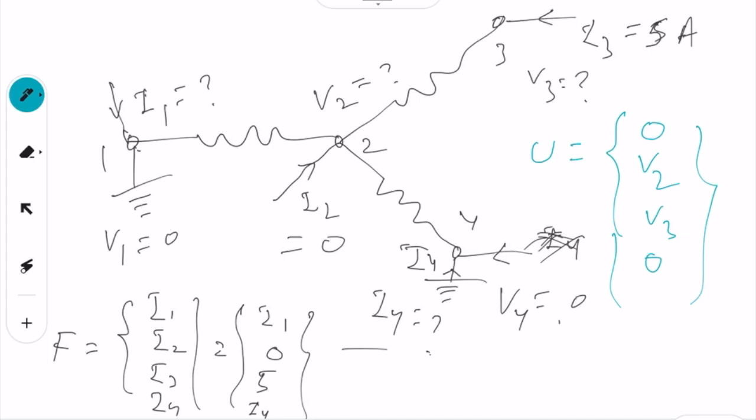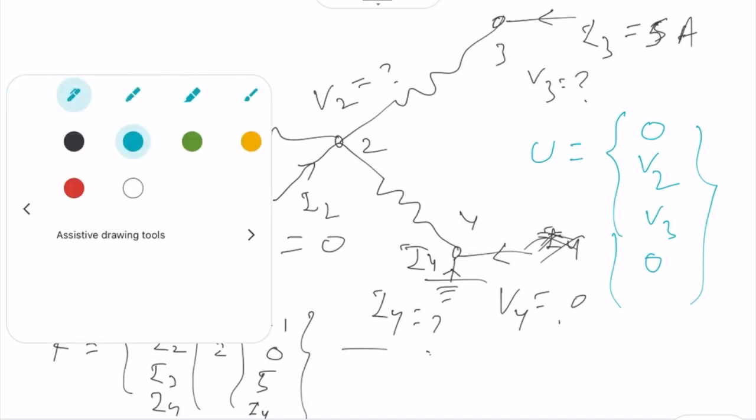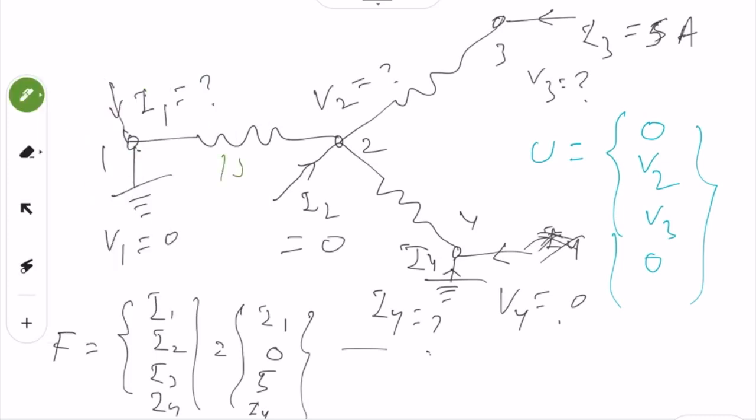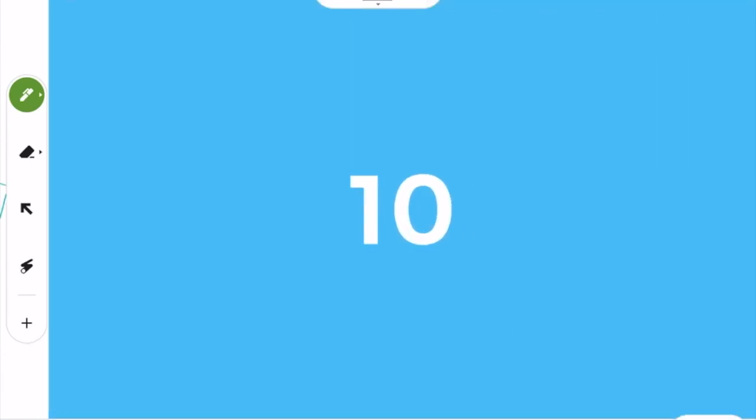Now we have to find the stiffness matrix for this, and for that let's assume we have a resistance of 1 ohm, then 2 ohm, and here we have 4 ohms like this one. Okay, so we have 3 elements, hence we have to assemble that way.